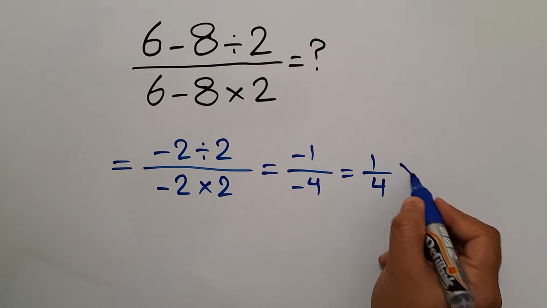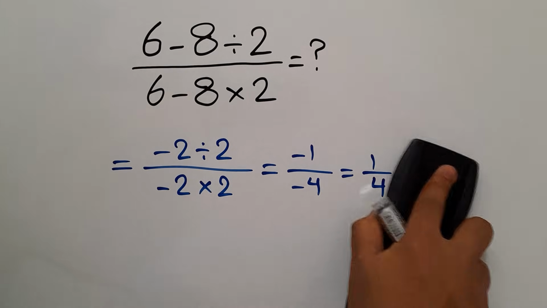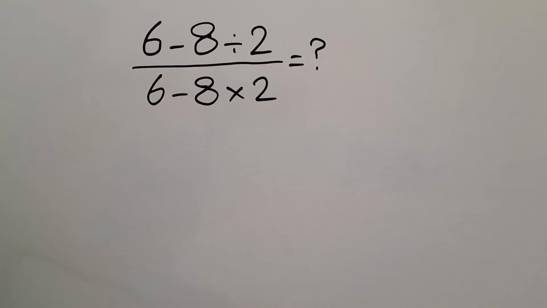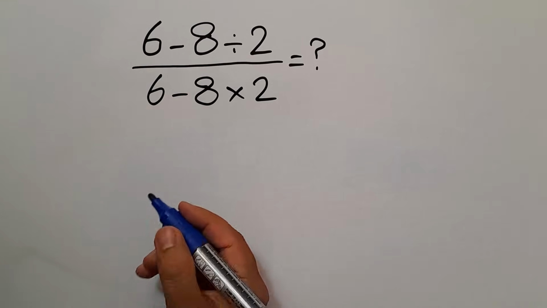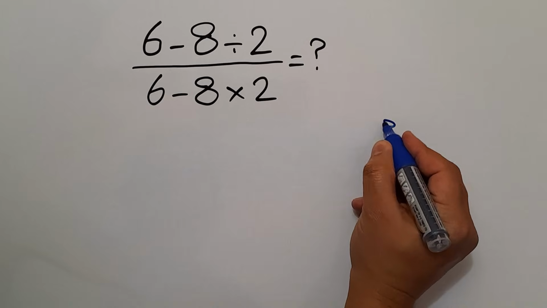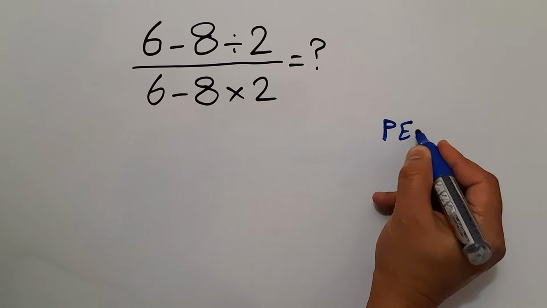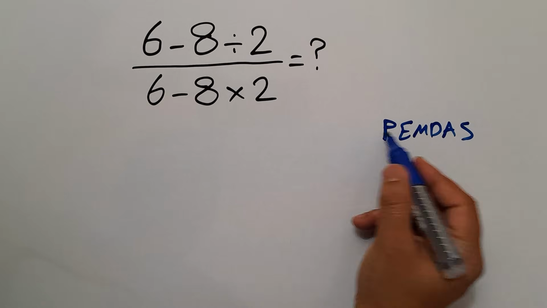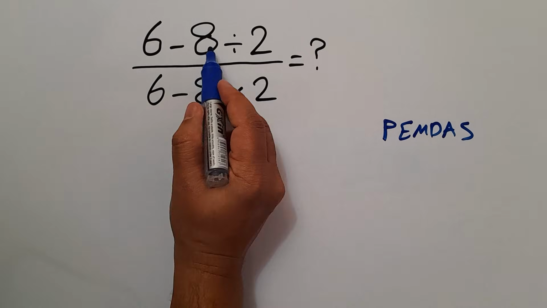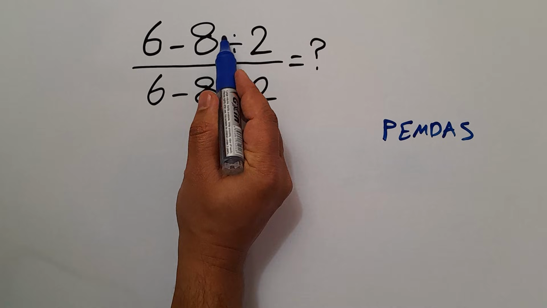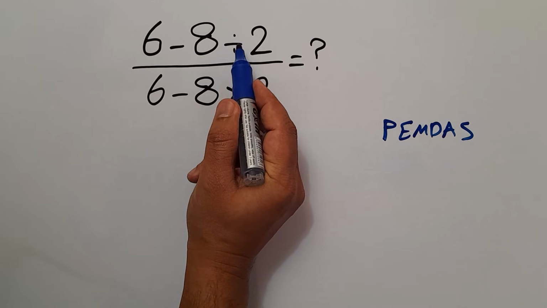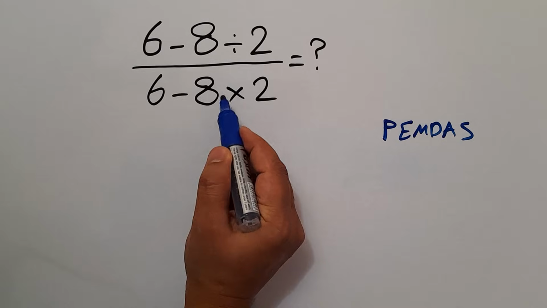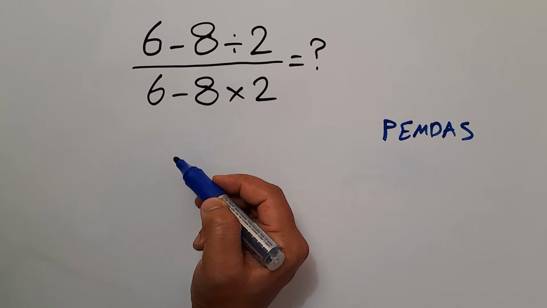But this answer is not correct, because according to the order of operations, which is PEMDAS, first here we have to do this division, okay? And in the denominator we have to do this multiplication first, okay?